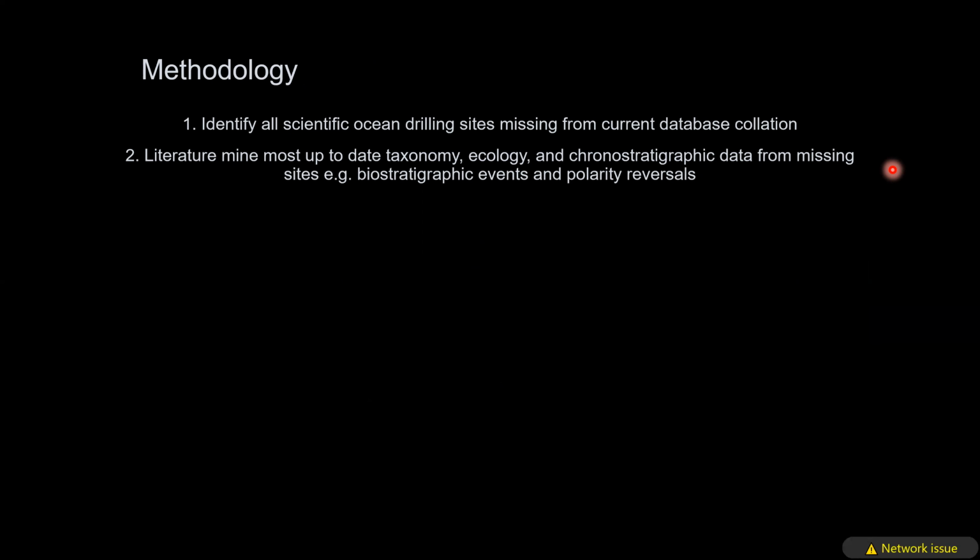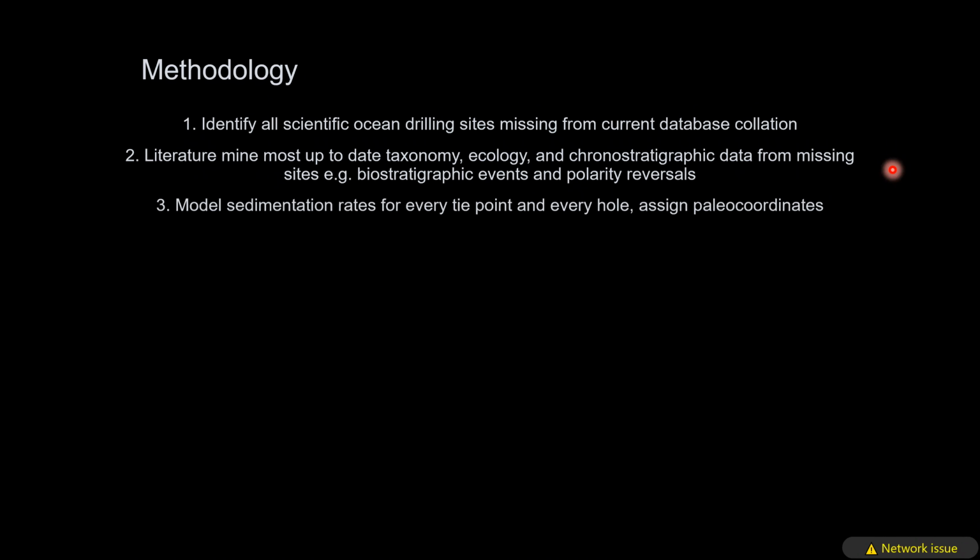So biostratigraphic events, polarity reversals, and isotope stratigraphy, which would be used to create new age models for our new sites. And using these chronostratigraphic tie points, we use that to model sedimentation rates for every site and every hole. So it would give every single foraminiferal occurrence a relative date on when that foram was deposited.